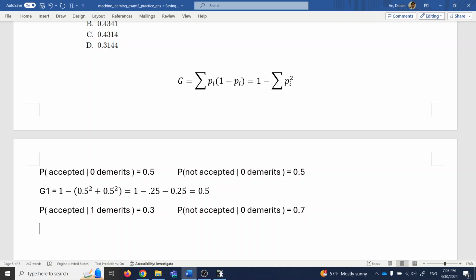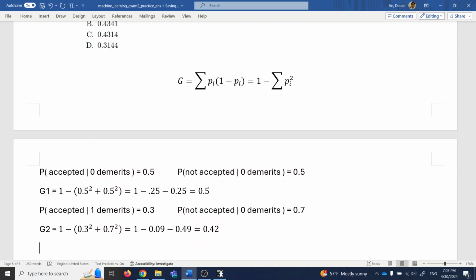So G2 is equal to 1 minus 0.3 squared plus 0.7 squared, which is 1 minus 0.09 minus 0.49, which is 0.42.